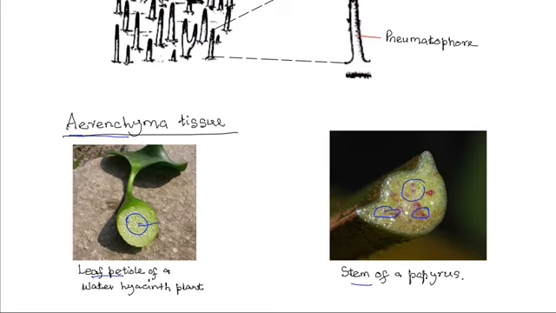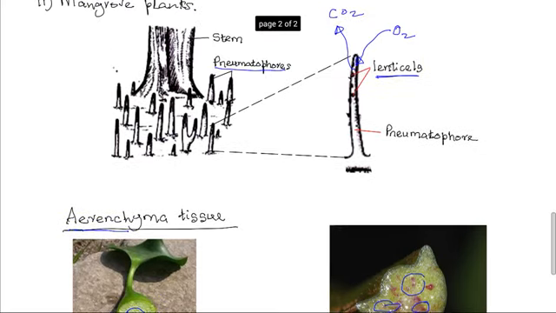Same case with the mangrove. The pneumatophores have parenchyma tissues to facilitate rapid diffusion of gases deep into the roots and out. So oxygen will rapidly diffuse through the parenchyma tissues to the submerged roots that are found beneath the waterlogged soils.